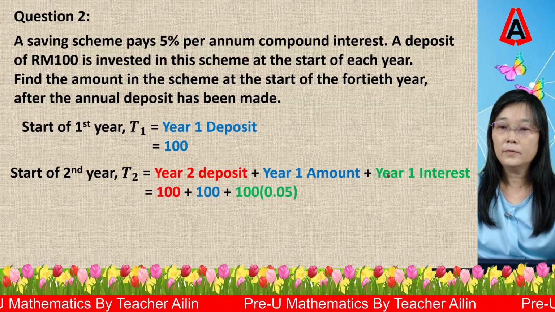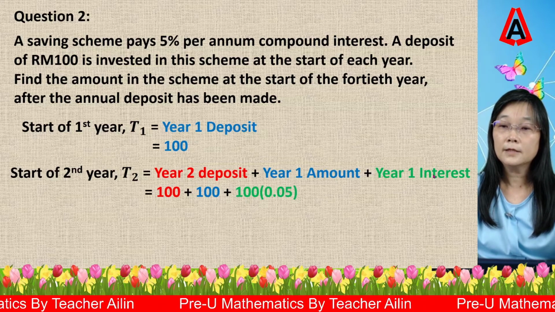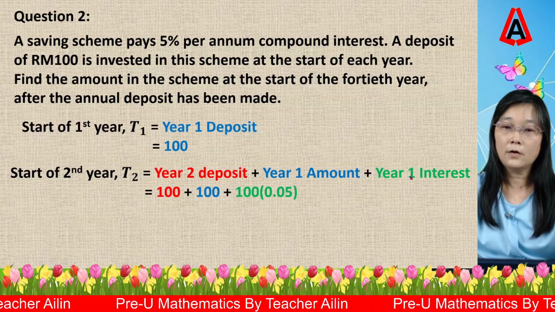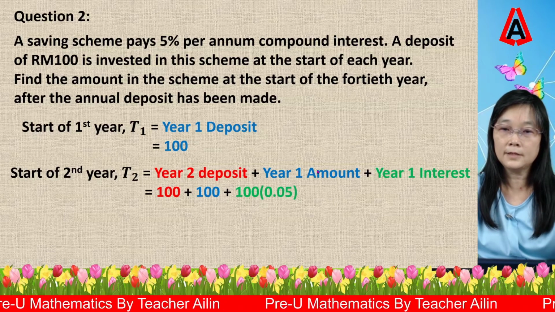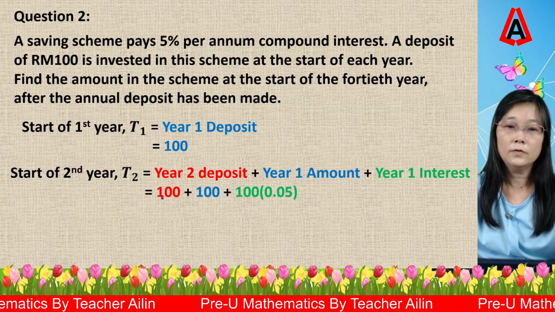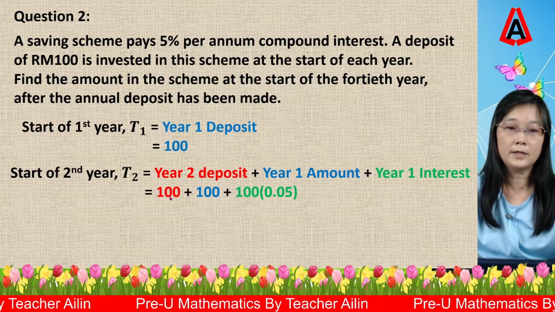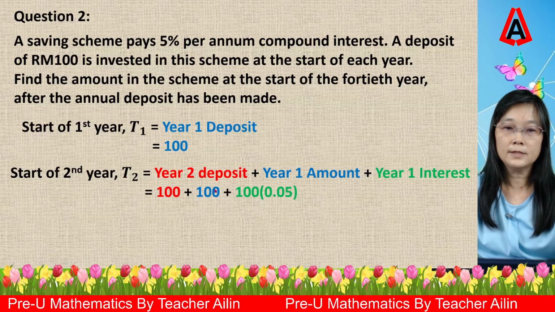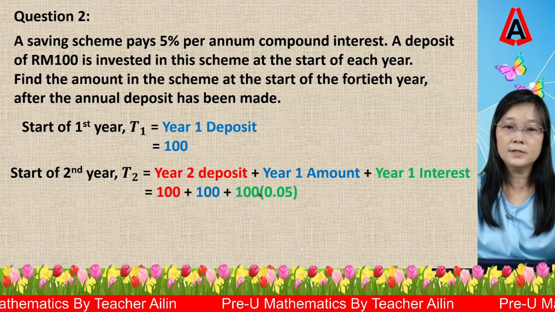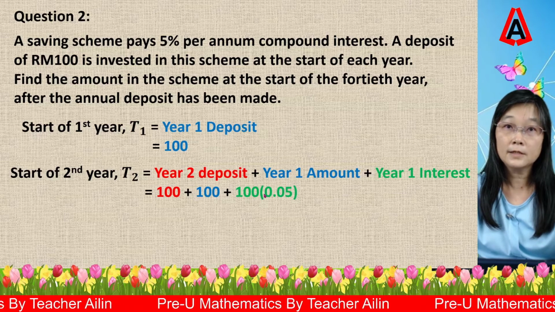Then another one is the interest based on the amount of money invested in the first year. So we have three kinds of money: one is the new deposit, one is the deposit from the first year, one is the interest.